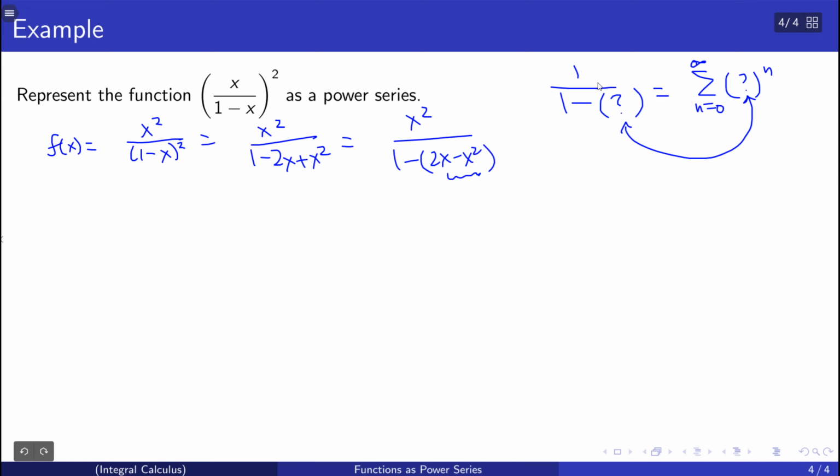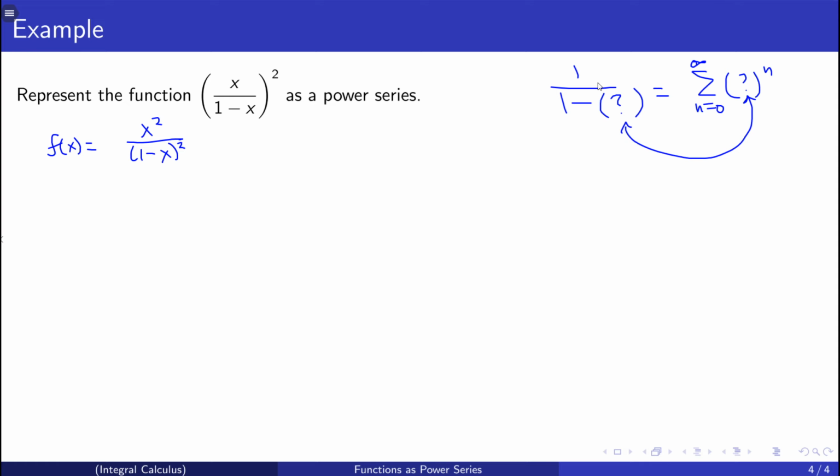Instead, let's use the idea from the previous slide. What can you say about 1 over 1 minus x squared? Well, in fact, this is the derivative of 1 over 1 minus x. Right, just using the power rule.